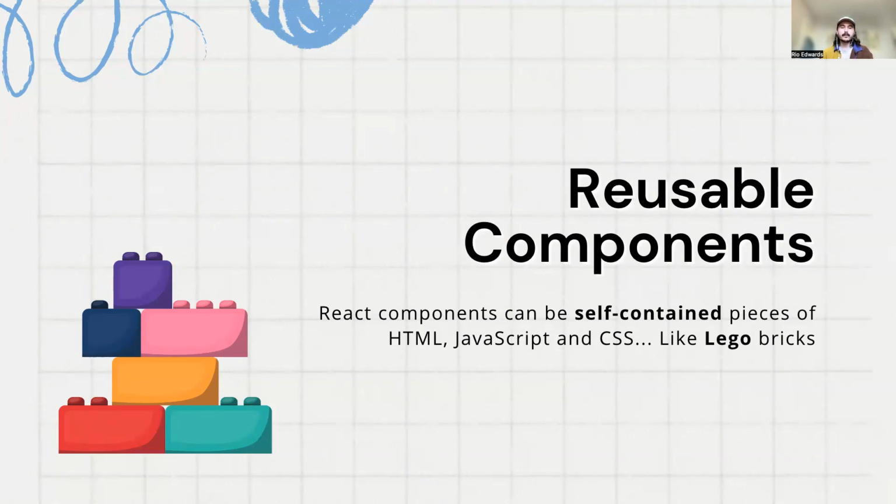It's in the same file. If you have a lot of things going on in your app, the HTML and JavaScript for each element will be contained in the same file, which is nice.